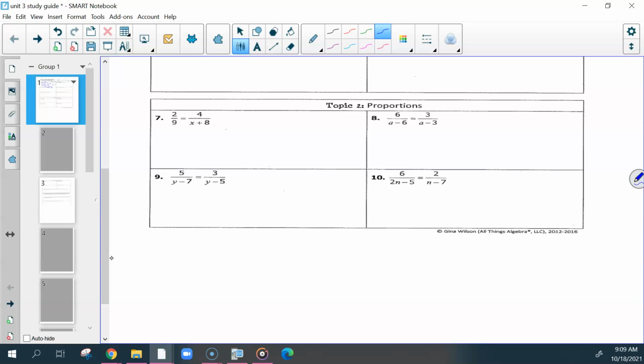So for number 8, I have fractions that equal each other. I would start solving that by cross multiplying. And when you cross multiply, if you want to go ahead and multiply as you rewrite it, so instead of doing this step, go into the next one, 6a minus 18 equals 3a minus 18, that's fine.